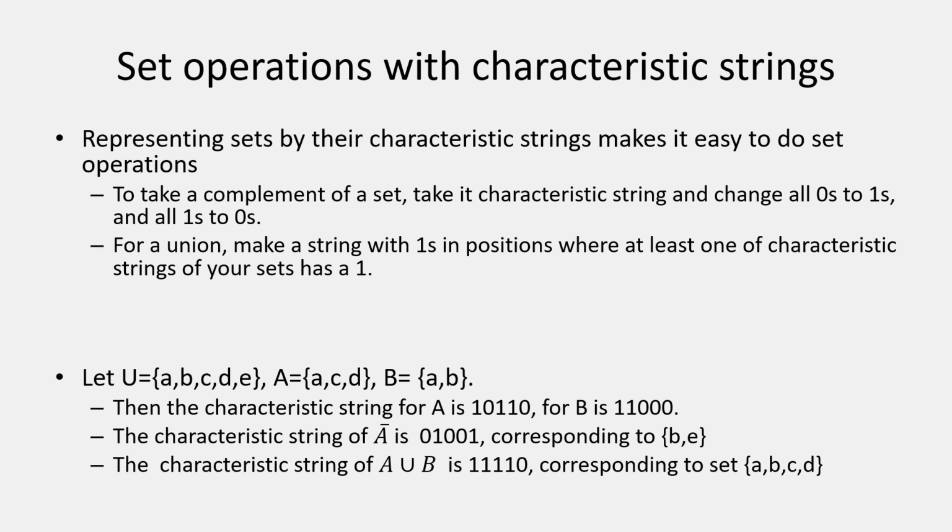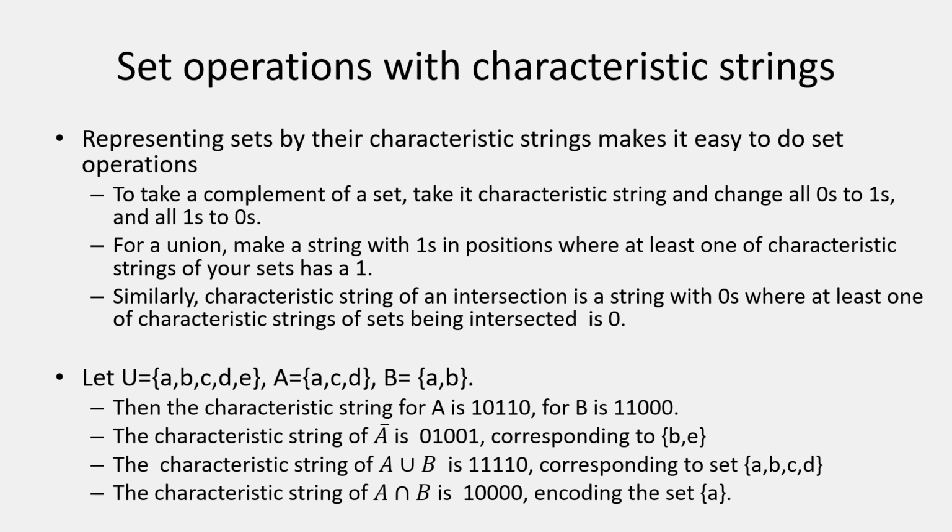For the third and fourth positions, A has a 1, so again those two will be 1s. But for the last position, neither A nor B has this element, so both of those strings have a 0, so we leave it at 0. So now we got a string 1, 1, 1, 1, 0 corresponding to the set A, B, C, D, and you could check yourself that this is indeed a union of sets A and B.